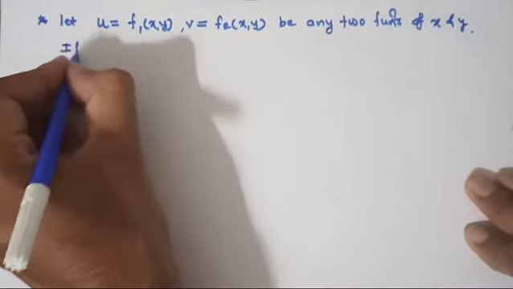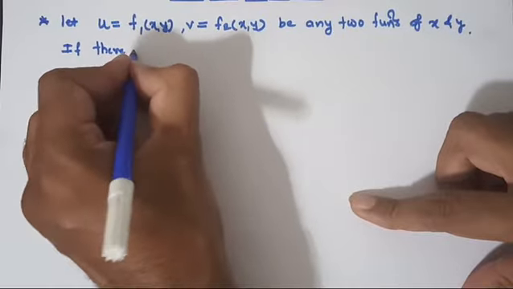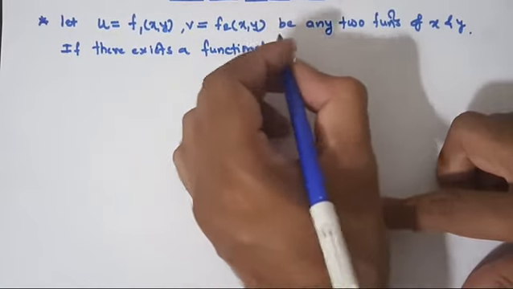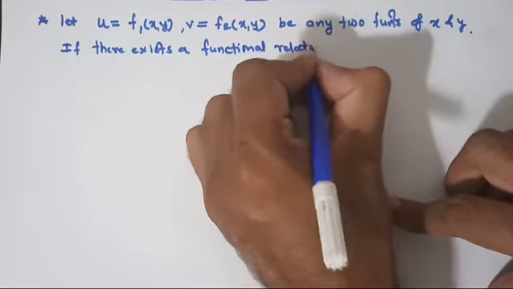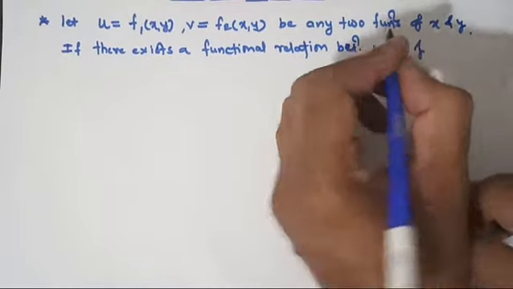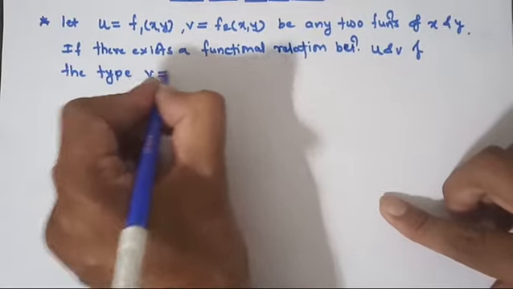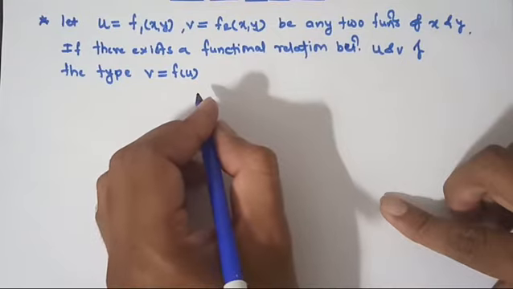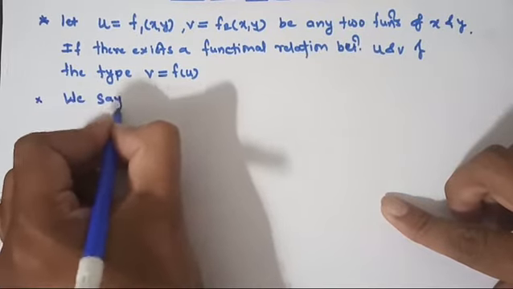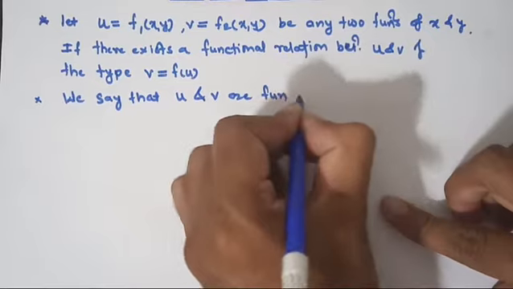If there exists a functional relation between u and v of the type v is equal to f of u or u is equal to f of v, then we say that u and v are functionally dependent.